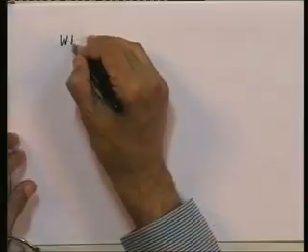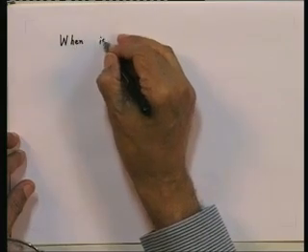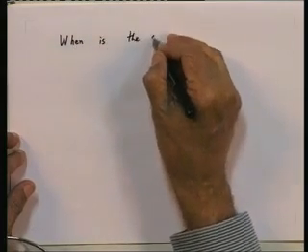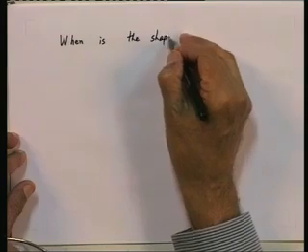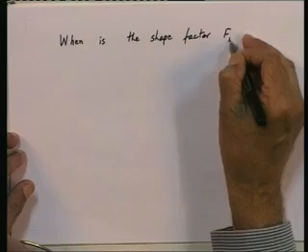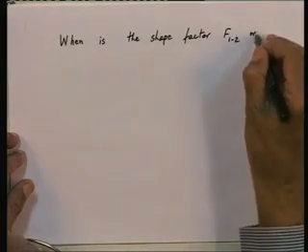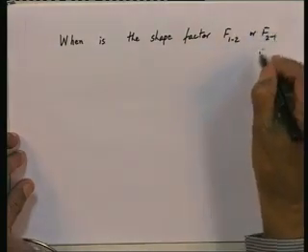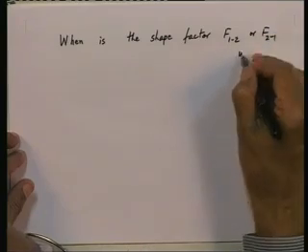All right. Now, when does this happen? When is the shape factor f 1 to 2 or f 2 to 1 equal to unity?